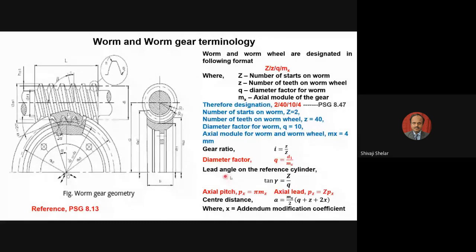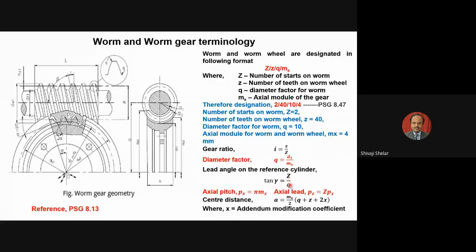Then the lead angle. On the previous slide, you have seen the concept of lead angle. So the lead angle for the reference cylinder is given by tan gamma equal to Z upon Q. This is the formula for your lead angle. So tan gamma is equal to Z upon Q. Here the number of starts is 2. So 2 upon Q, Q here is 10.